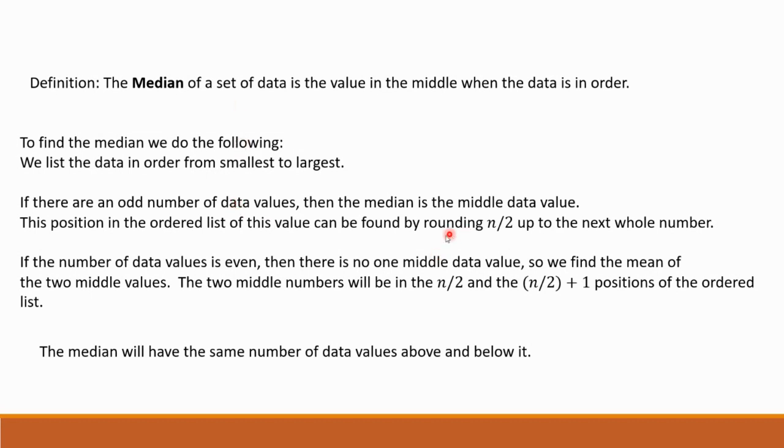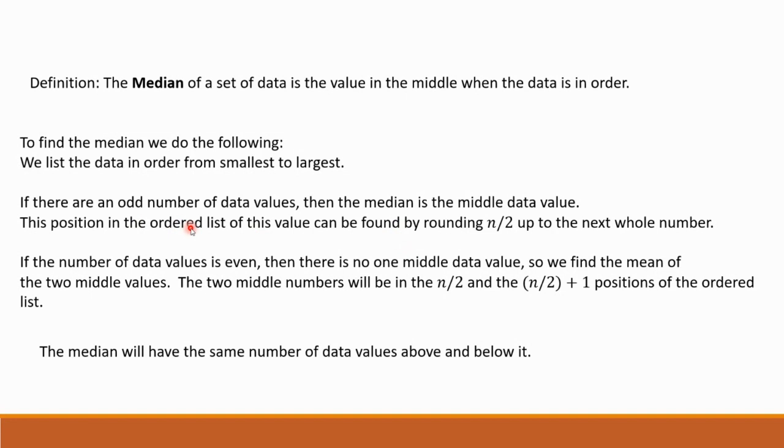In other words, if n is how many data values there are, you divide by 2 and you round this number up. Whatever number is in that position, that's the median. When we do examples, I think it'll make more sense, but that's what you do if there's an odd number.